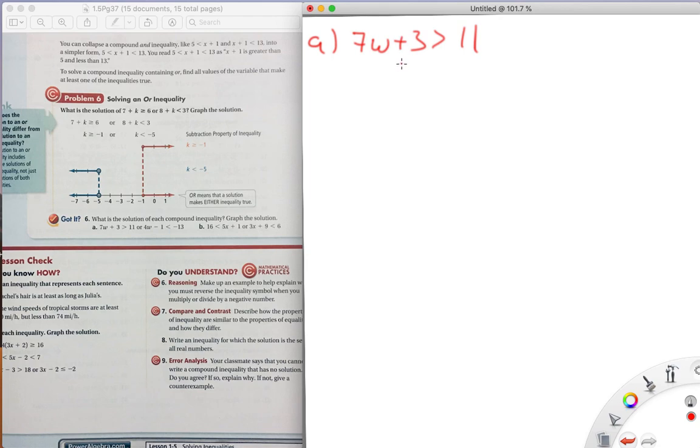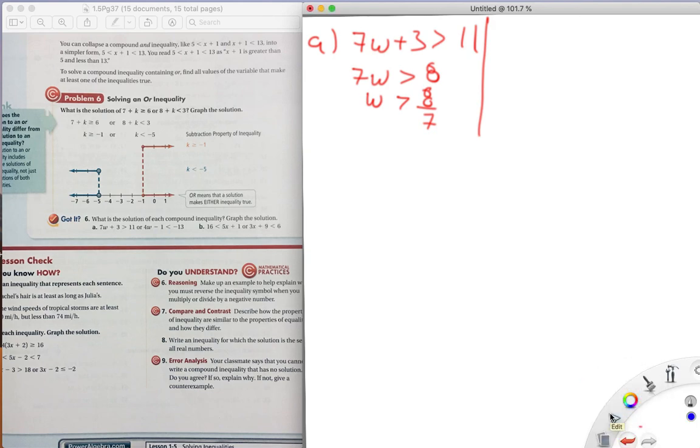Oh, I wonder if that was a typo. Subtract 3 from both sides, we have 7W is greater than 8. Then divide by 7, we have W is greater than 8/7. Well, isn't that wonderful? That's about 1.14.